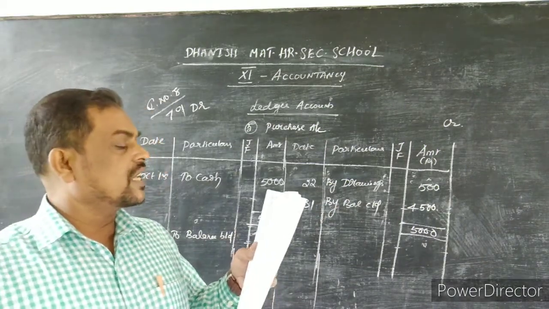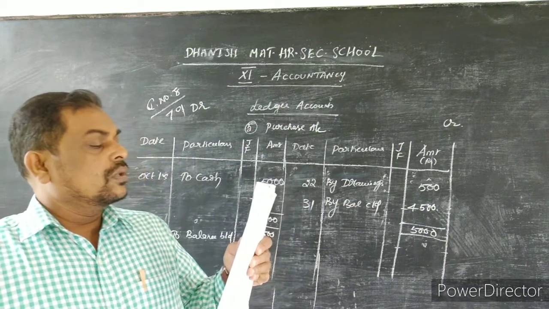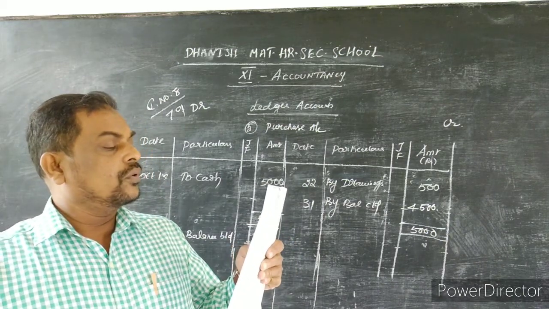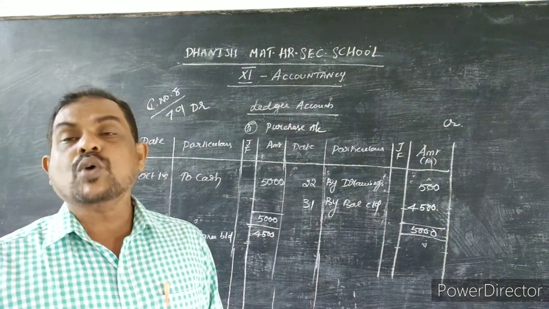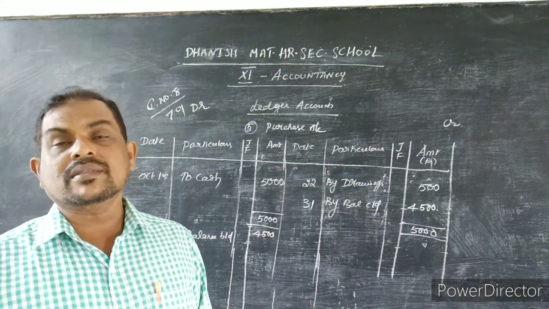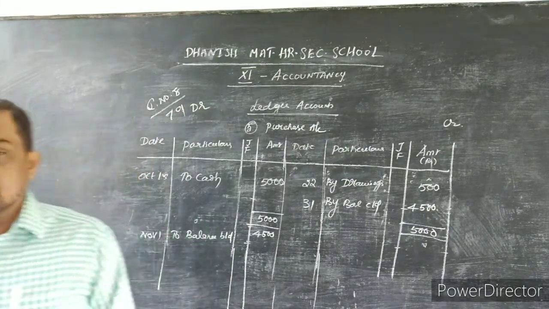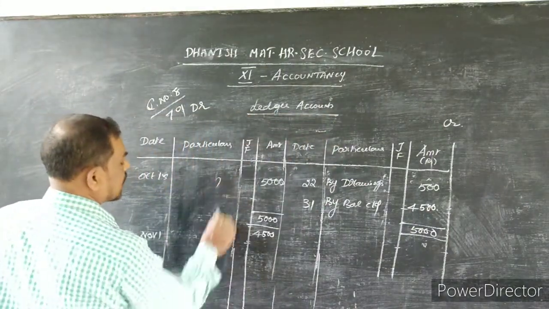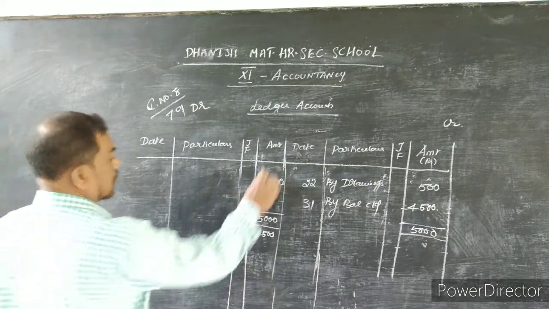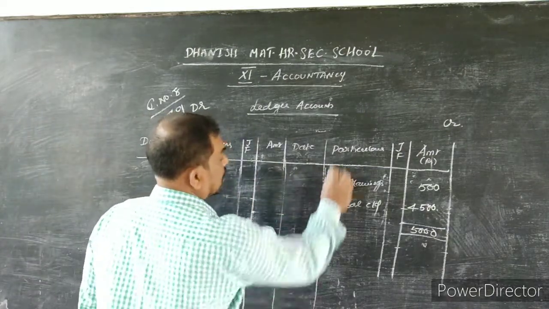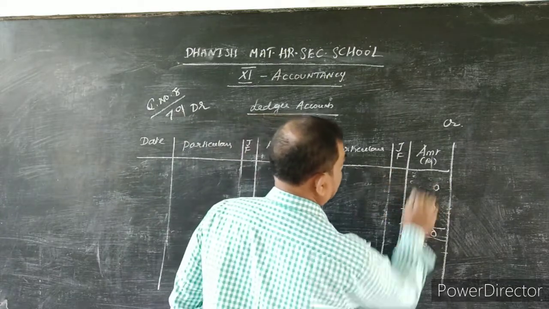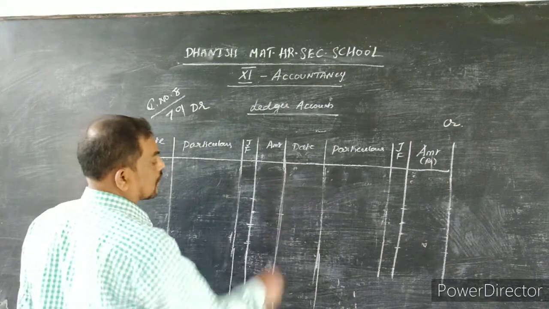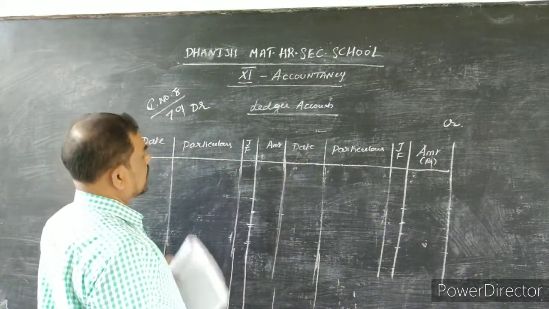Now the next ledger is what? Sold goods to Vasu. Vasu account debit to sales account. So Vasu is the next ledger account.